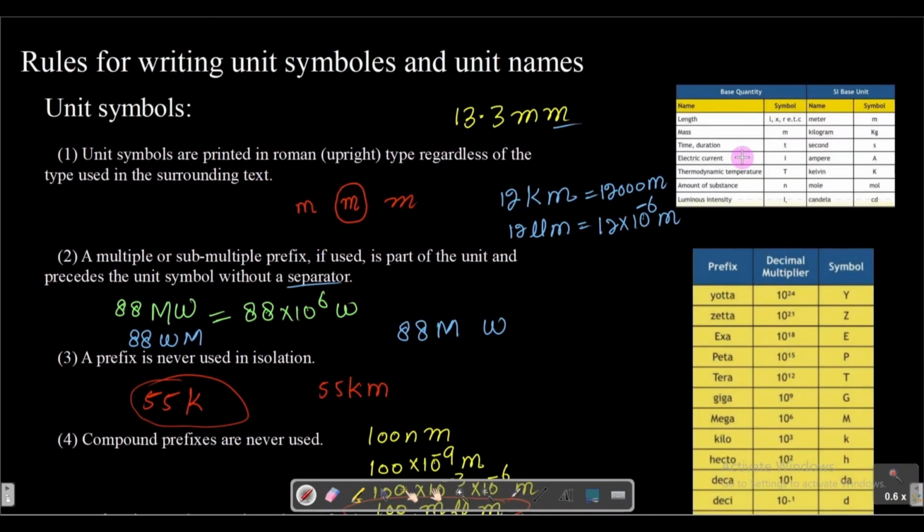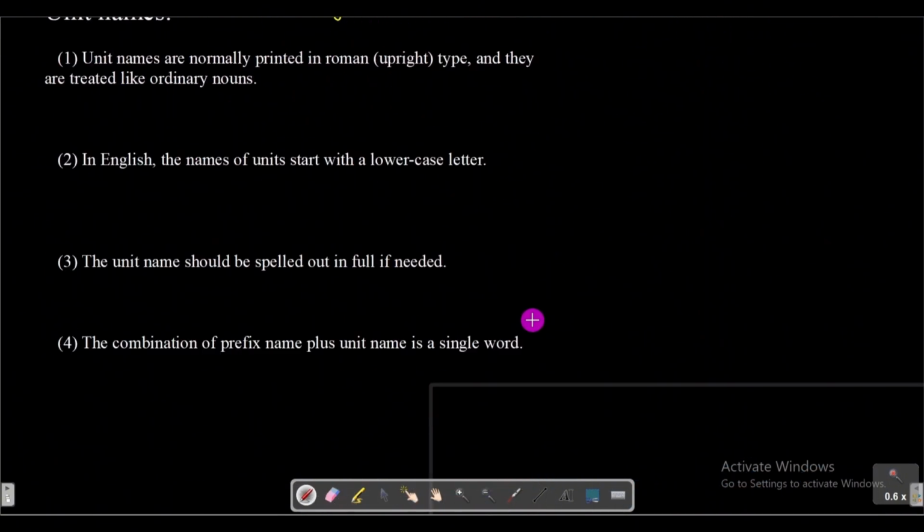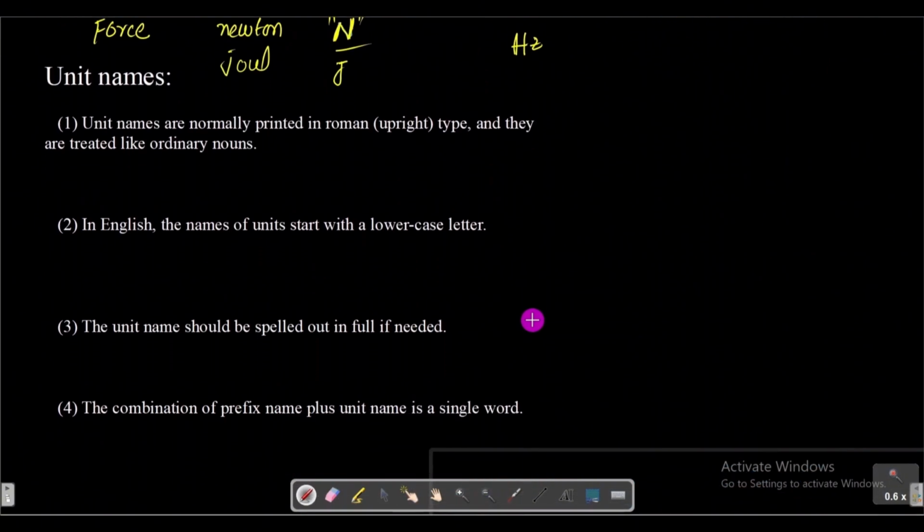So here we discussed the rules for the unit symbols. And now we will discuss the rules for the unit names. So here we have these rules. The unit names are also printed in Roman or upright form.